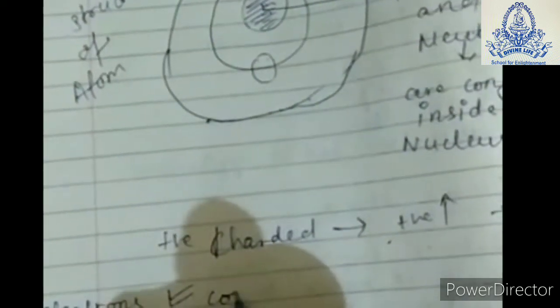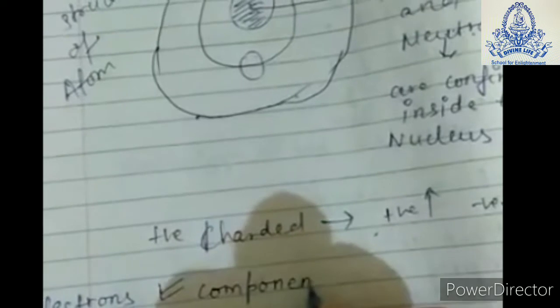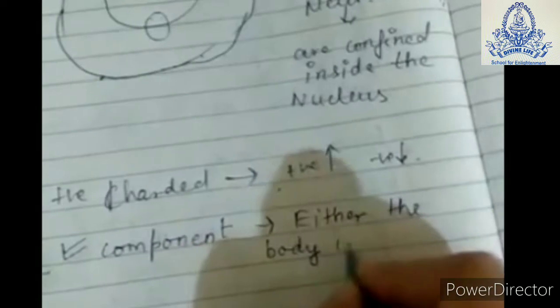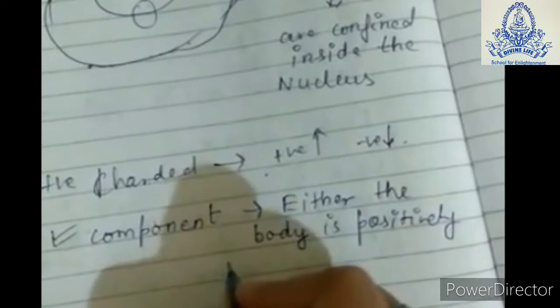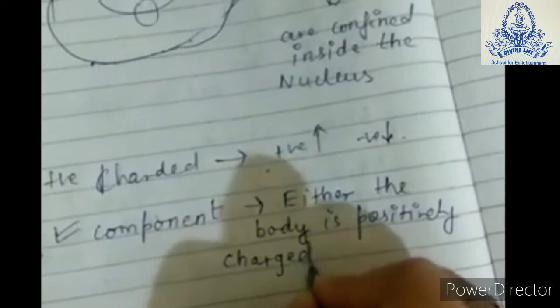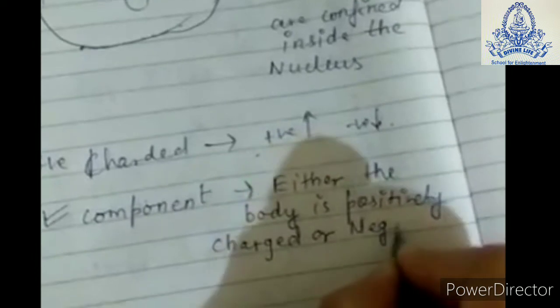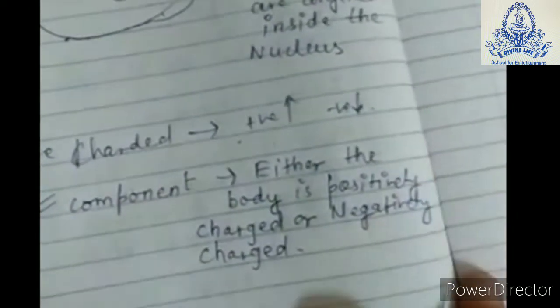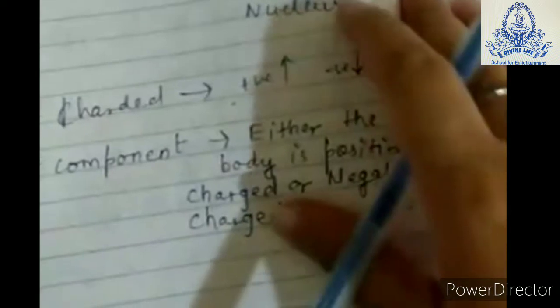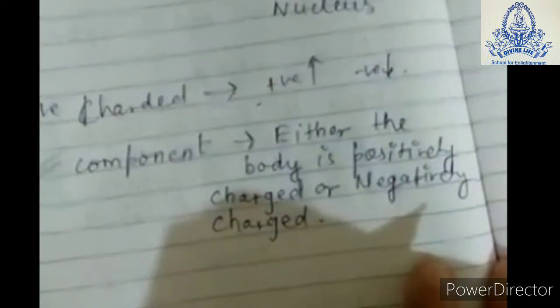Electrons are the major component which will decide whether the body is positively charged or negatively charged. So we'll see how we will decide that a body is positively charged or negatively charged.